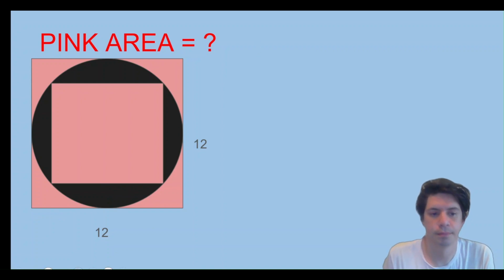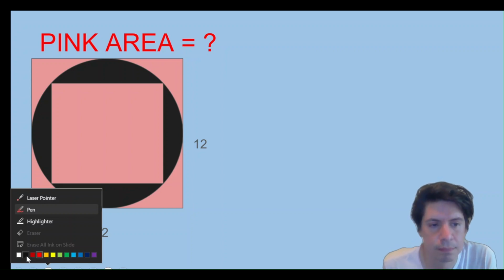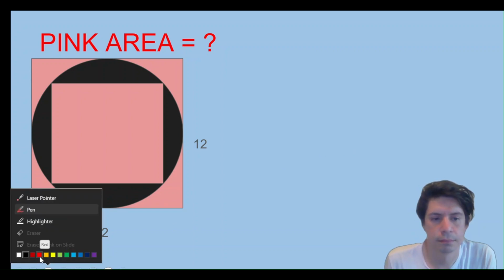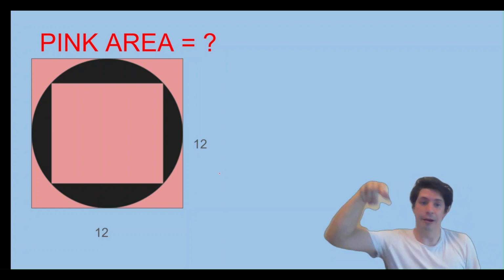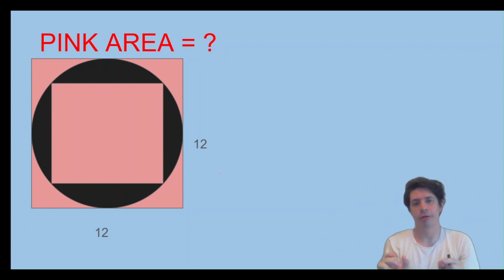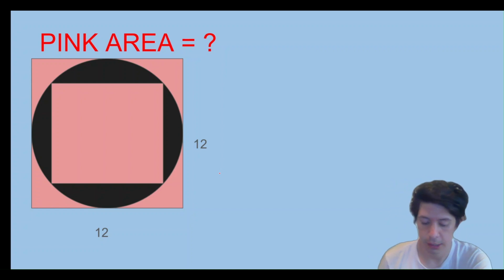We're going to find the area of the square inside, and the outside part we already did, with different numbers here, but we can work it out.